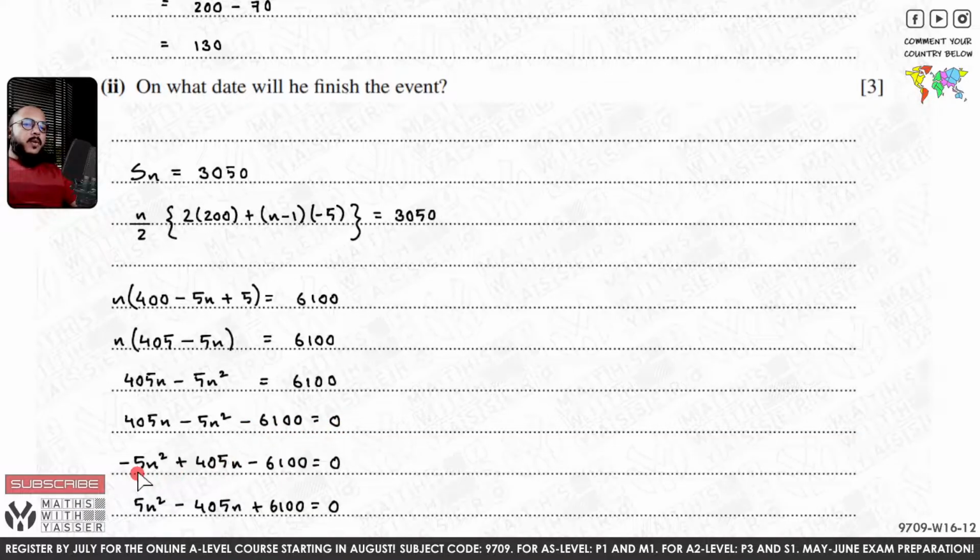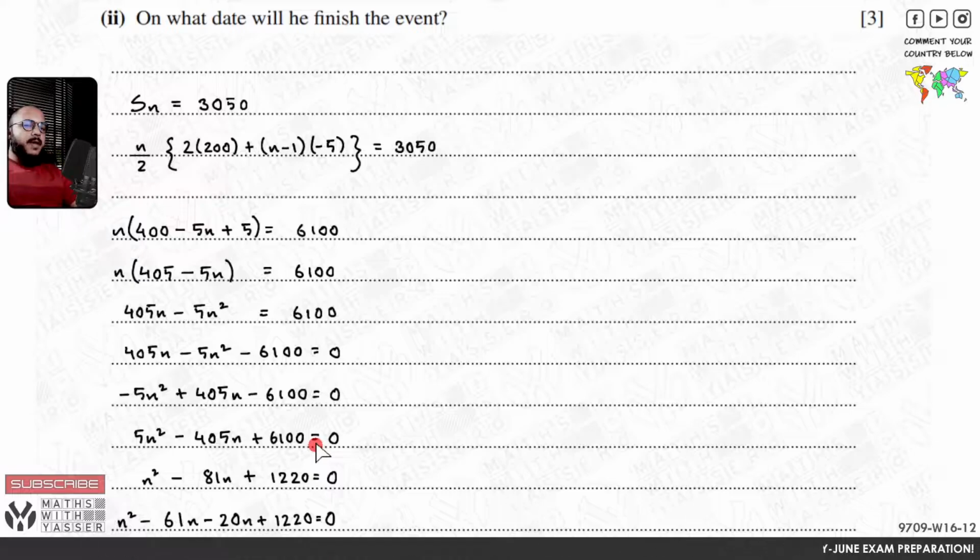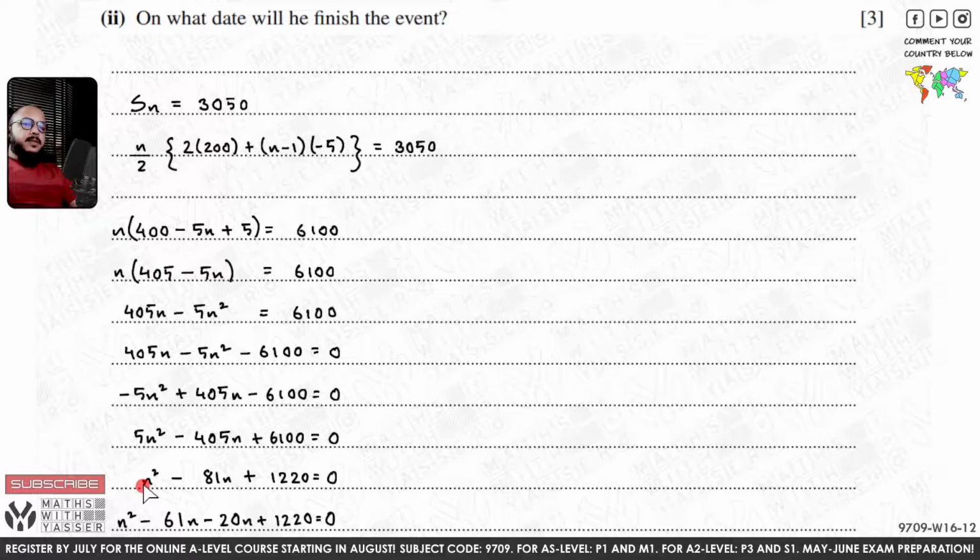Or we can rewrite it as minus 5n square plus 405n minus 6100 is equal to 0. Multiplying both sides by negative 1, we get 5n square minus 405n plus 6100 is equal to 0. We can simplify this by dividing both sides by 5. So it will be n square minus 81n plus 1220.